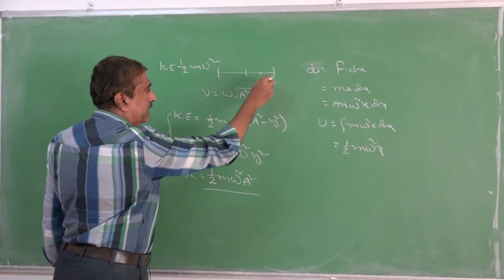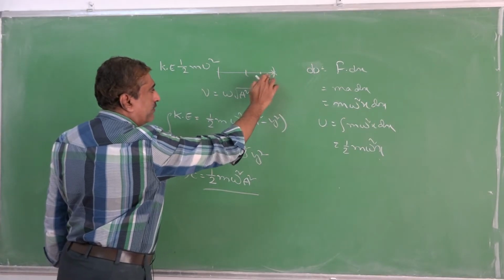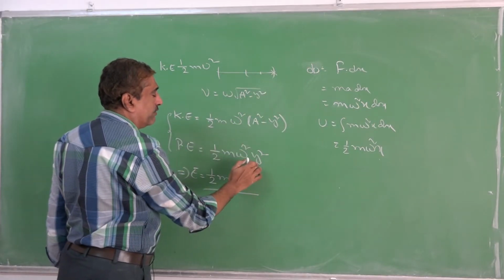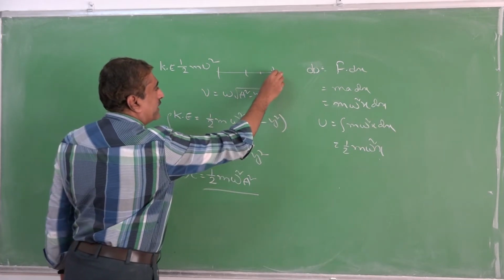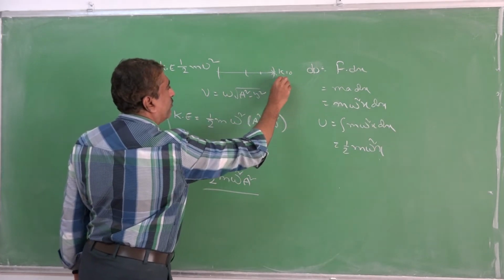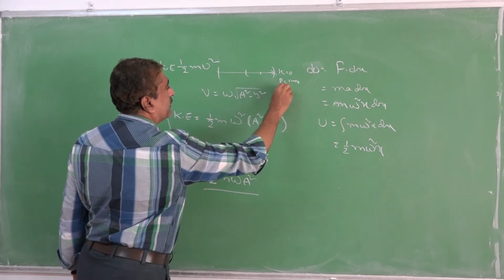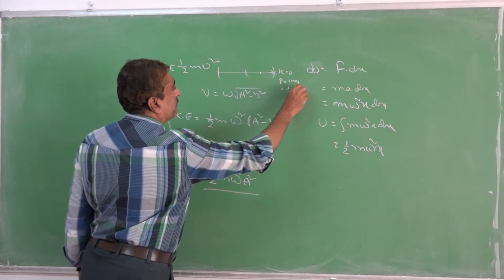When it is at the extreme position, where the displacement y is equal to a, KE becomes 0. So, at the extreme positions KE is 0, PE is maximum, and that is equal to half m omega square a square.